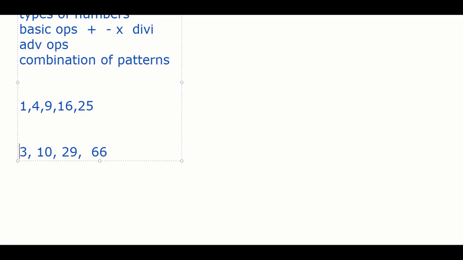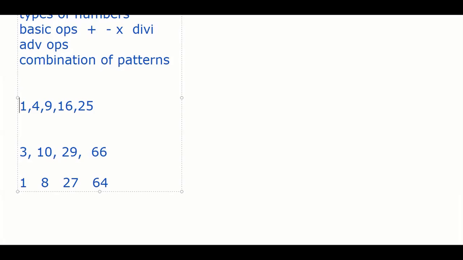It can be multiplication or squares or cubes. Try to think whether you do some plus minus, whether you get some cubes. You see this here, 1, 8, 27. Can you get some relation in this? Okay, this is the series of cubes plus 2. Got everybody? So this is a combination of patterns. Addition with squares, addition with cubes, squares, addition, that's it.